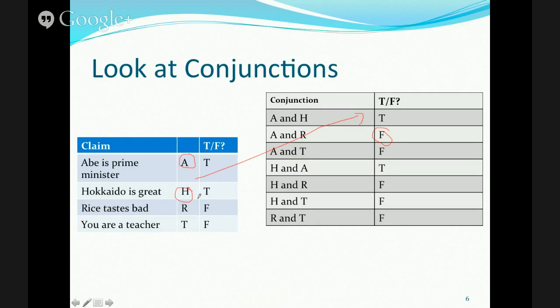Same thing here. If we have something true and something false, this is false. But if we have something true and something true, it is true. The order does not matter. A and H is the same as H and A. And again, if we have two things that are false, it is false.